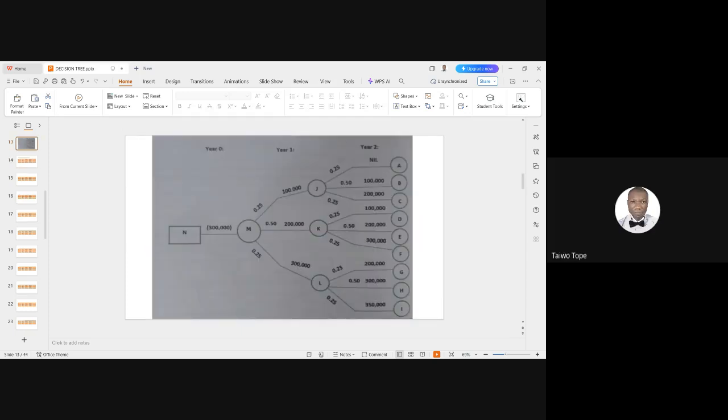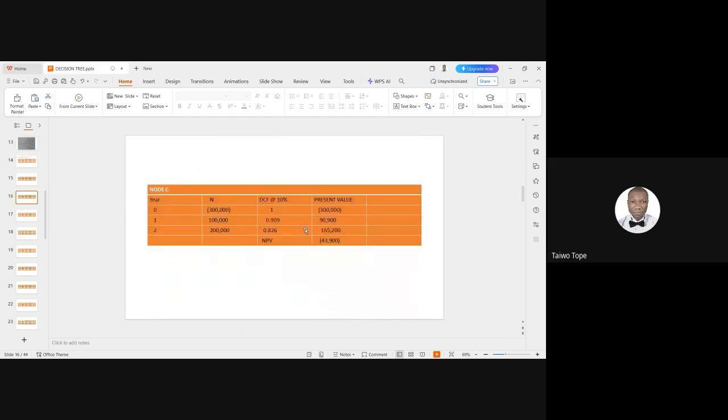Then for F, it will be what? 129,600 multiplied by 0.25. 32,400. So you can see it. Combine NPV of the nodes D, E, and F. You have it as what? 47,000.